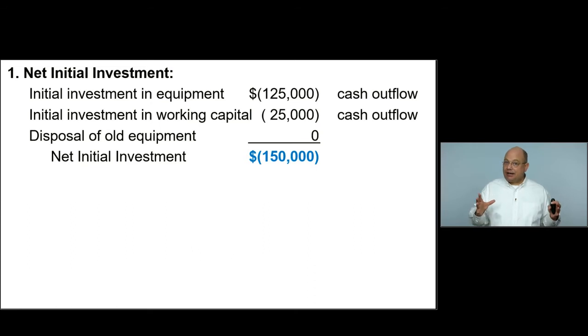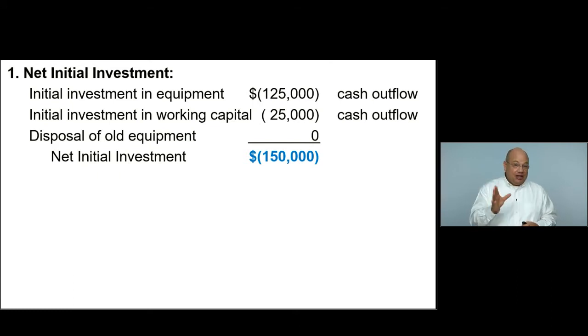No tax impact here. There's no tax impact connected to the working capital. And the tax impact connected to that initial investment in equipment is going to come out every year as part of the tax depreciation shield. Okay, so $150,000 cash out the door as our net initial investment.